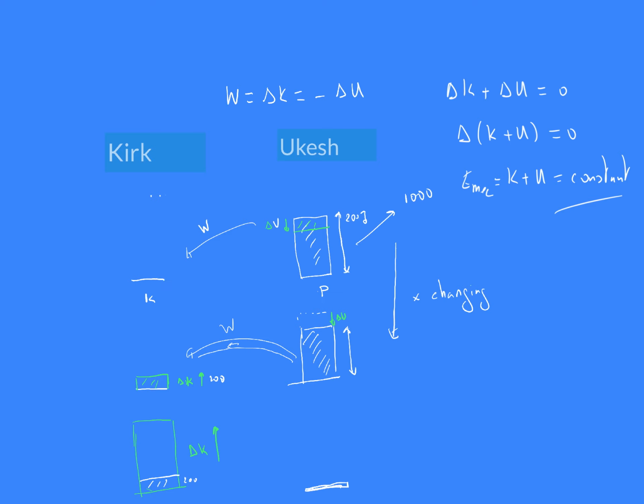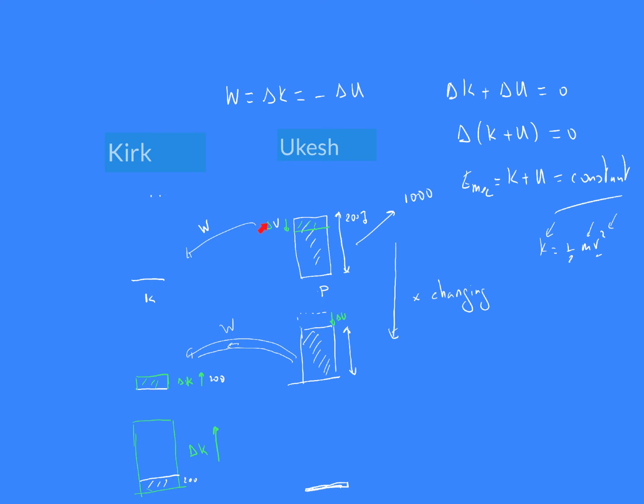K is 1/2 mv squared, where V is the amount of velocity, with no direction. V squared is the magnitude of the velocity. So if this is zero, it's not because the mass is zero, it's because the velocity is zero. Okay, let's say that we start with this situation.